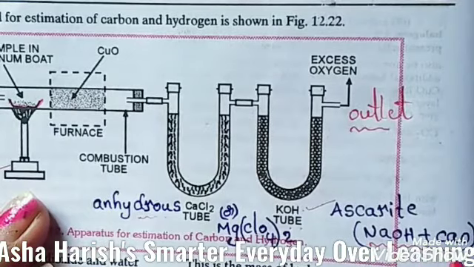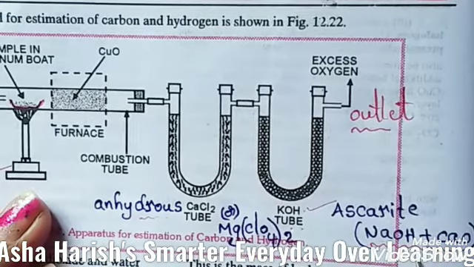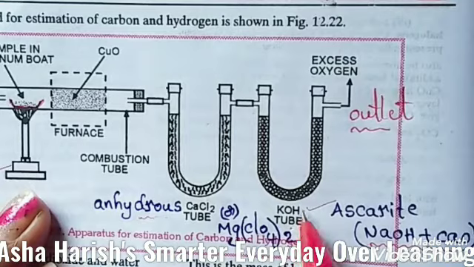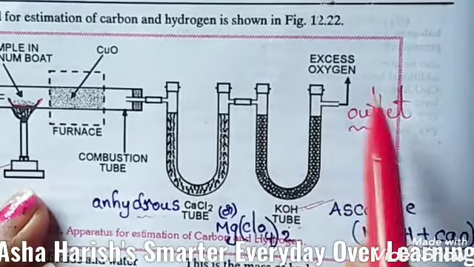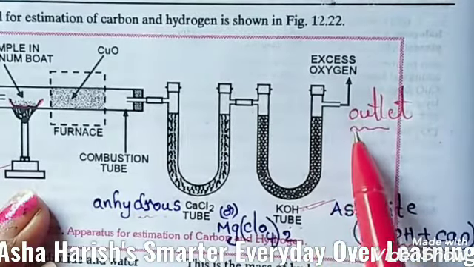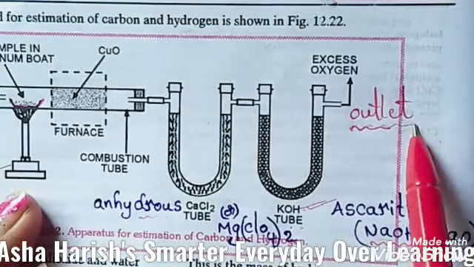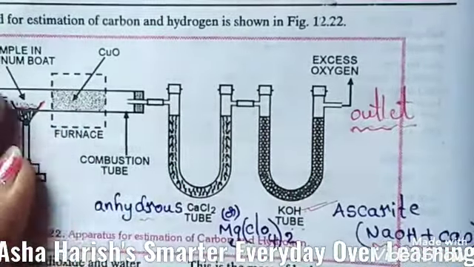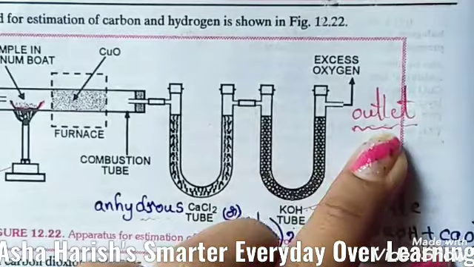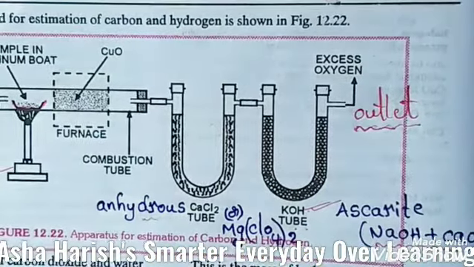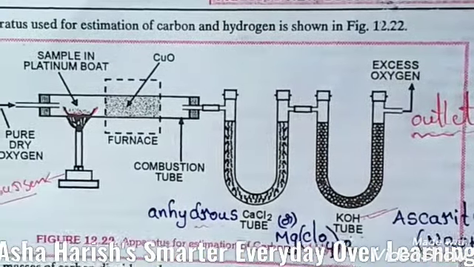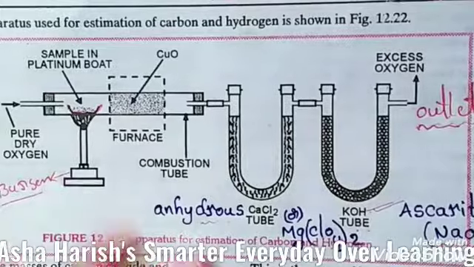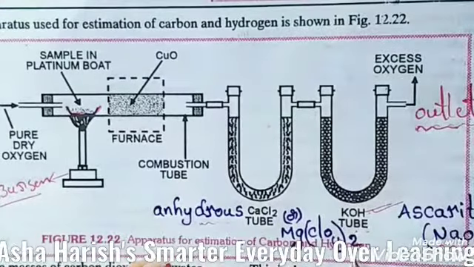Excess amount of oxygen goes out from the outlet. So this is the diagrammatic representation of the apparatus to estimate carbon and hydrogen.